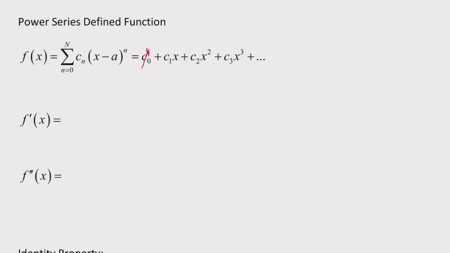And the derivative of c1x is going to be c1. So in expanded form, I'm going to have c1 plus 2c2x plus 3c3x squared plus dot dot dot. So in general, our pattern starts at n equals 1, not n equals 0 like the original one did.